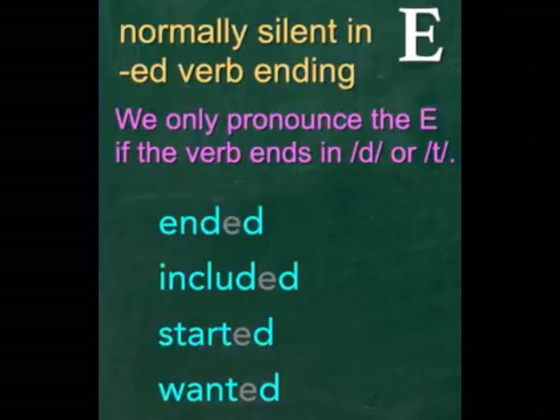So again, we only pronounce E if the verb ends in D or T, like ended, we hear the D, included, started, wanted.